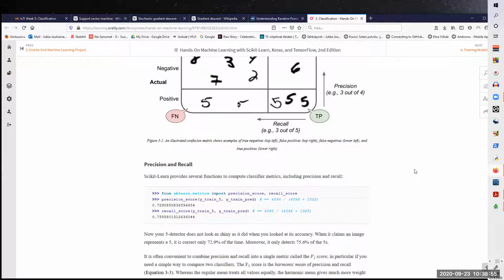And now there are several ways to illustrate these precision and recall. They can't both be 100% at the same time. Usually when precision increases, recall decreases, and vice versa.